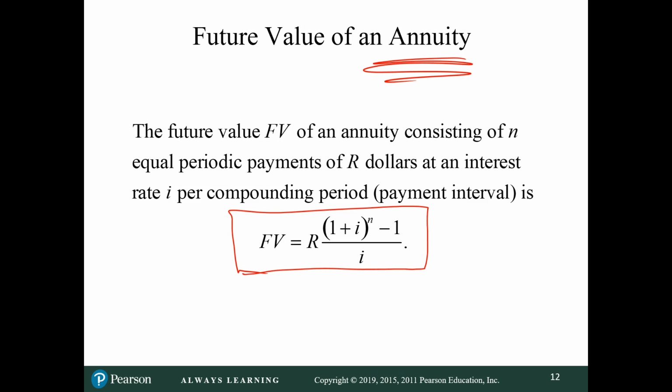So future value equals, the N is a number of payments of a certain number of dollars. And I don't know why they use R instead of P. They should have used P, not R, but they used R. Okay.